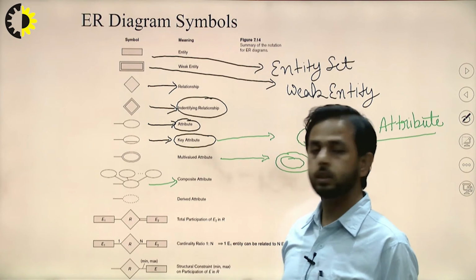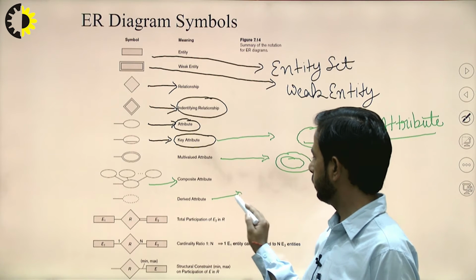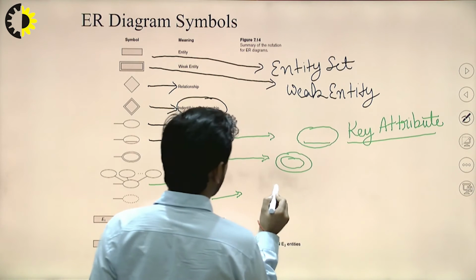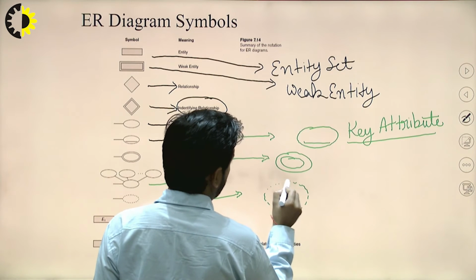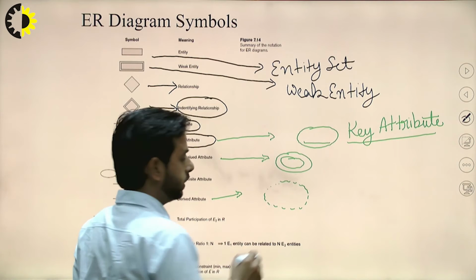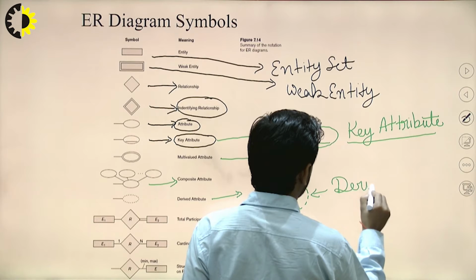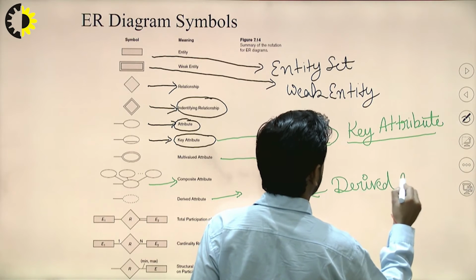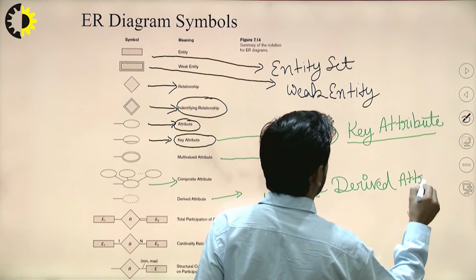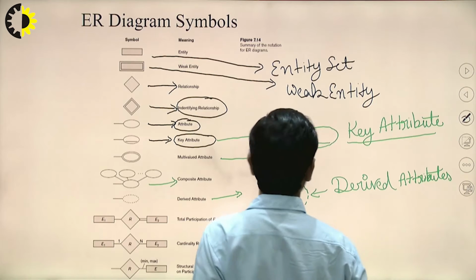This dotted oval symbol shows that it is a derived attribute.